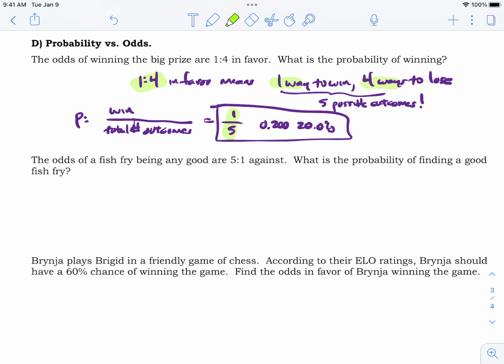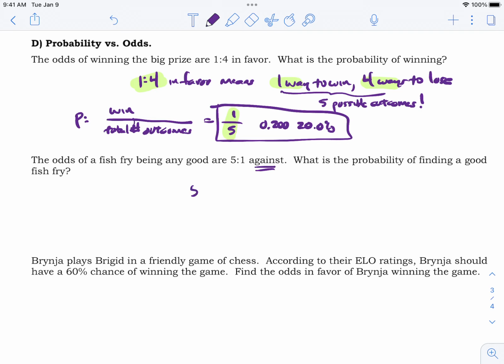Okay, maybe you've got the idea now. Let's look at this one. Maybe you want to try that yourself. Pause. Come back. So the odds of a fish fry being any good are 5 to 1. Well, there's a twist: against. The odds are against. That means it's more likely you won't, right?